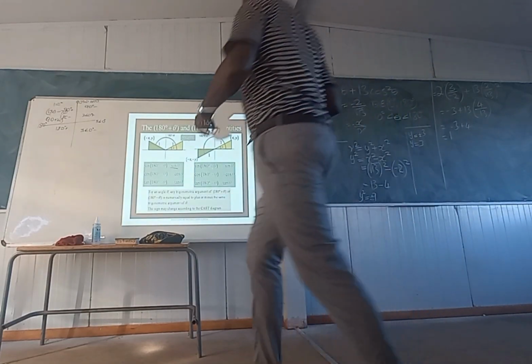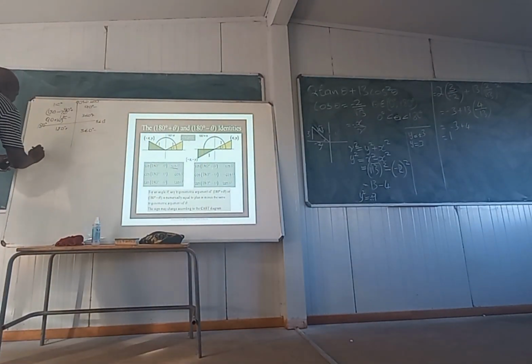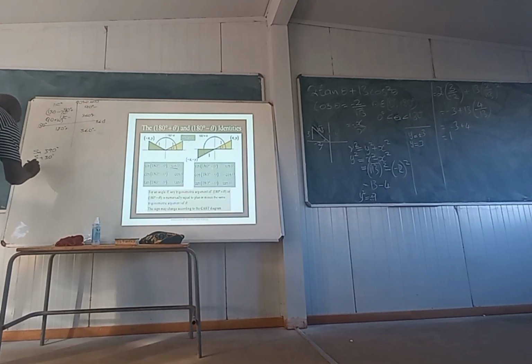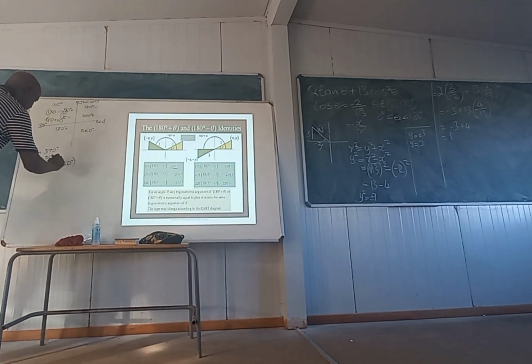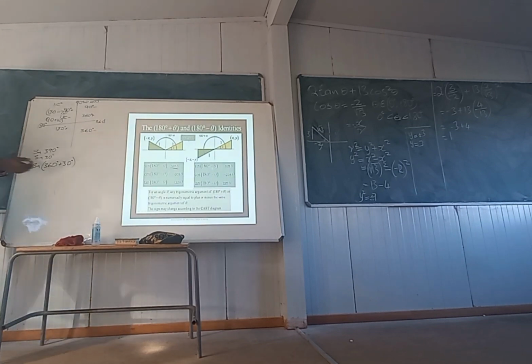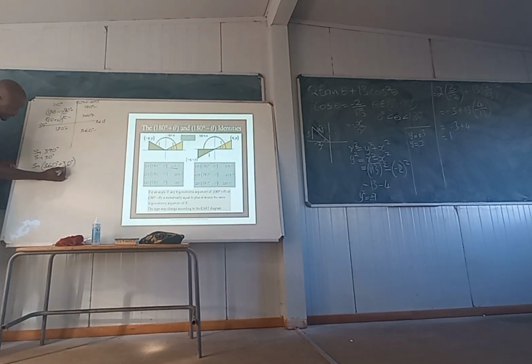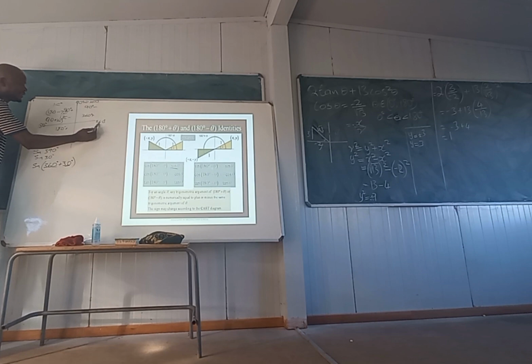One half. Sine 390 is sine 30 degrees because 390 is 360 plus 30. Then we leave this and take this. These are the special angles: 360, 90, 180. Reduction formula.